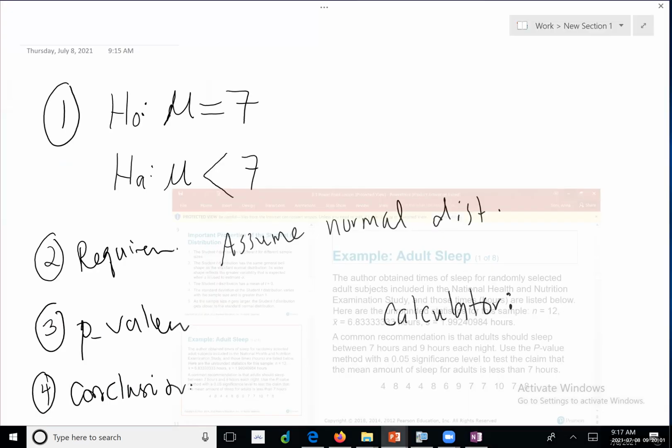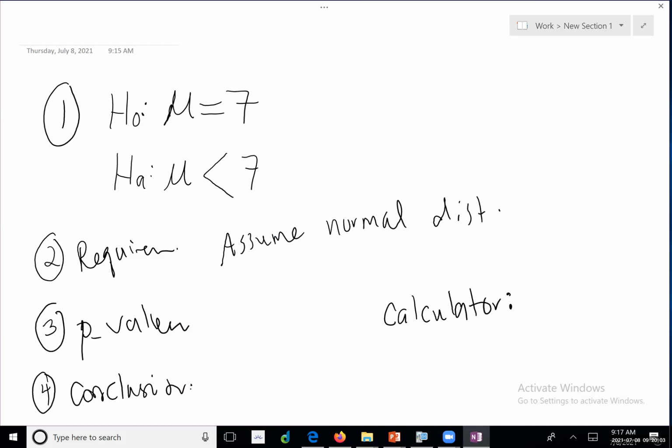Now we want to find the calculator command. Here sigma is unknown. They didn't tell you the standard deviation for the population of adults sleeping. So sigma is unknown, and you're going to use a t-test.